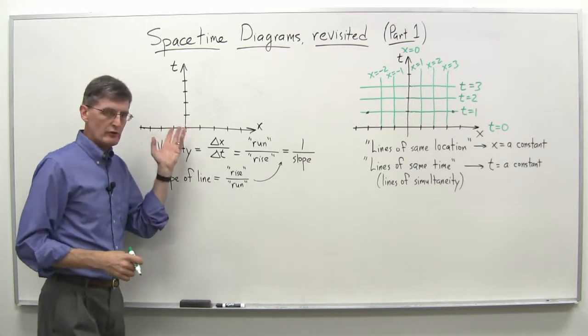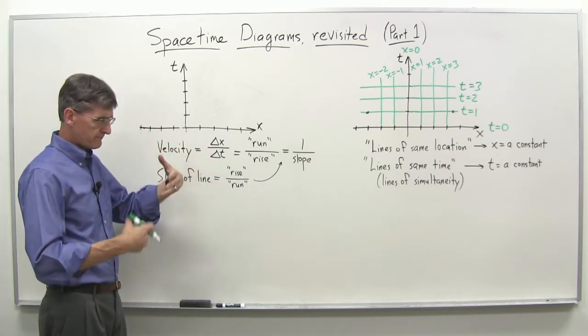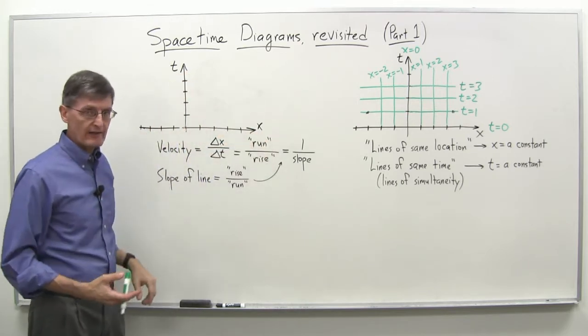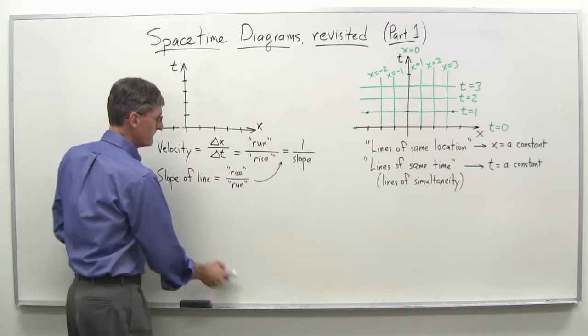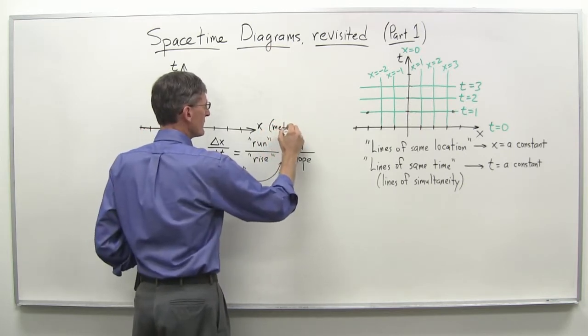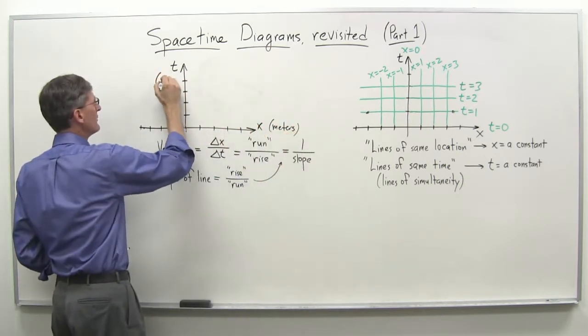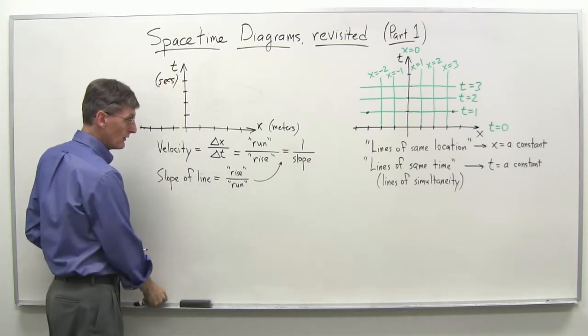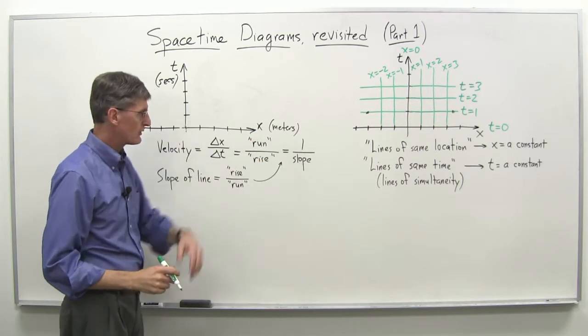Now we have to think about units a little bit, because previously we had maybe x in meters and time in seconds. If x here was in meters and time was in seconds, what would the world line of that laser beam going off in that direction look like?